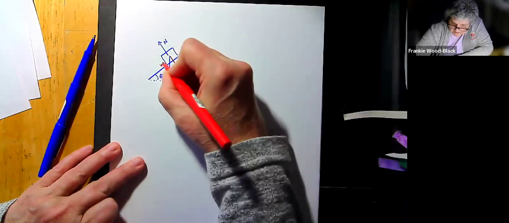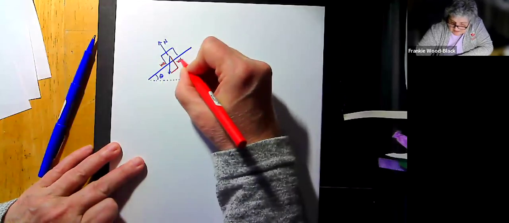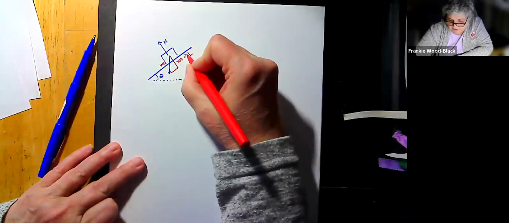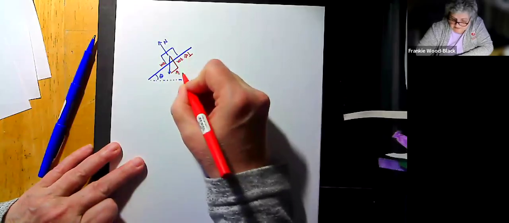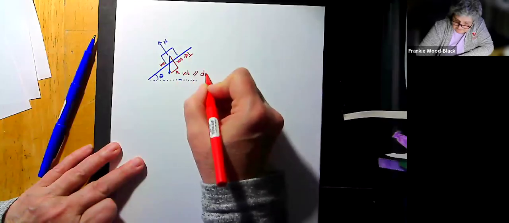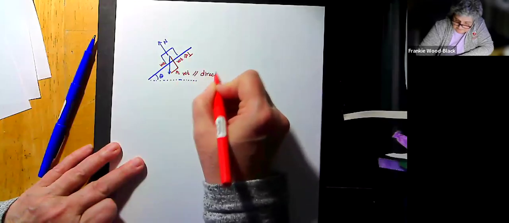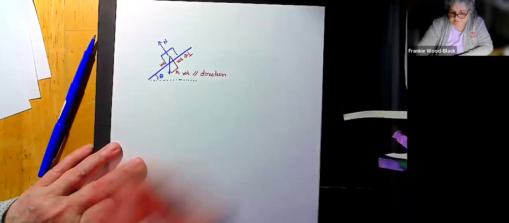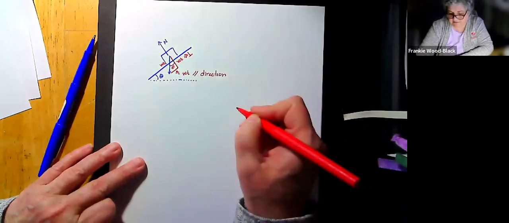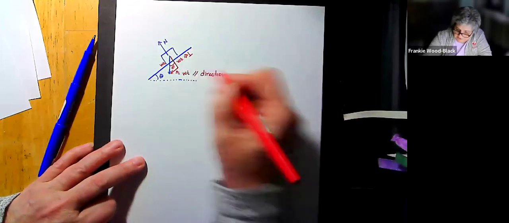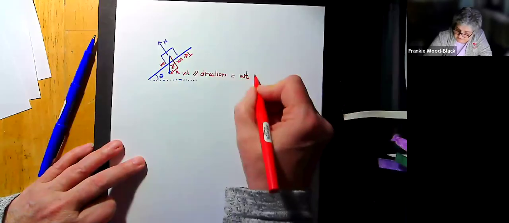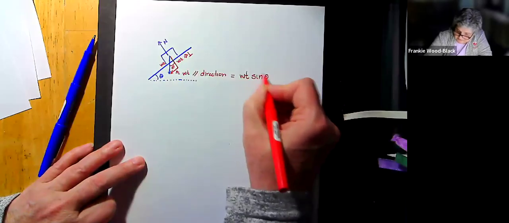So this is my weight, and this is going to be the weight in the perpendicular direction, and this is the weight in the parallel direction. But this angle and this angle are the same. So if I'm doing the weight parallel, that's going to be equal to the weight times sine of my angle.